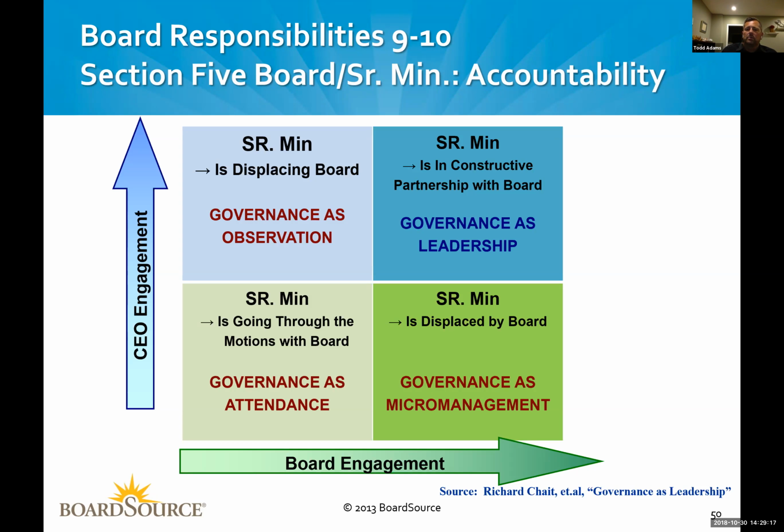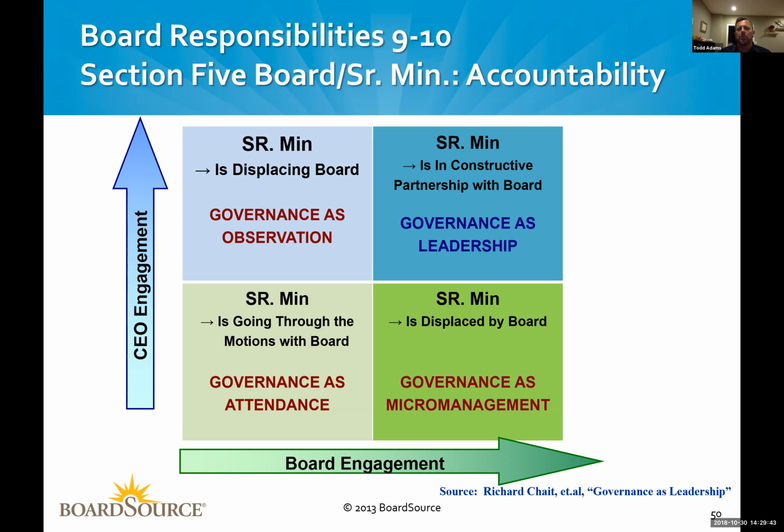This is where the leader starts to displace the board. So they're making decisions independently of the board. They're misconstruing actions that they were authorized to do, and they are overacting on their part. And then down in the bottom left is when nobody really cares. Governance is attendance. We have a board meeting, we showed up, we checked a few boxes, we had a nice lunch, we all turned in our expense reimbursement forms, and we went home. But we didn't really do anything.